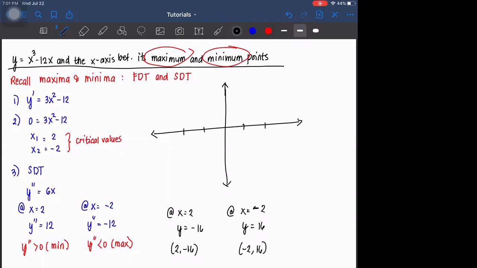So, this is 2, negative 16, and this is negative 2, 16. Okay. Asa man siya mo cross sa x-axis?